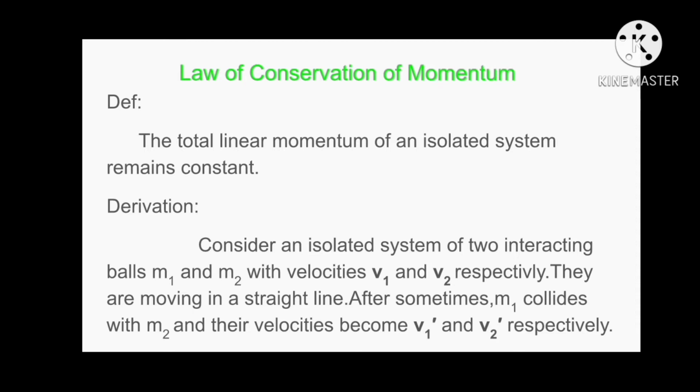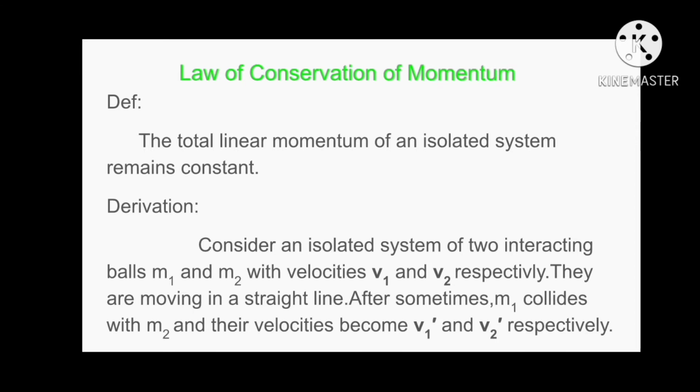For example, a group of gas molecules enclosed in a vessel. In this example, no external agency or external force will act on the gas molecules. So we can say that this is an isolated system.